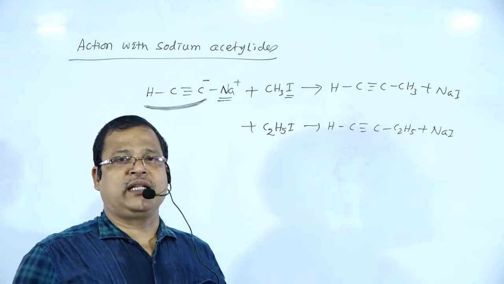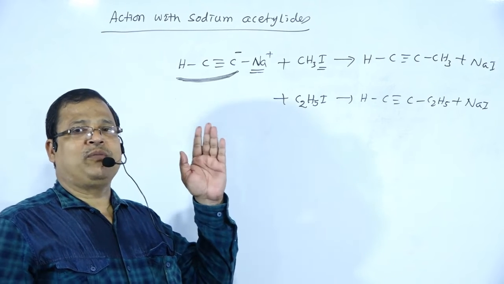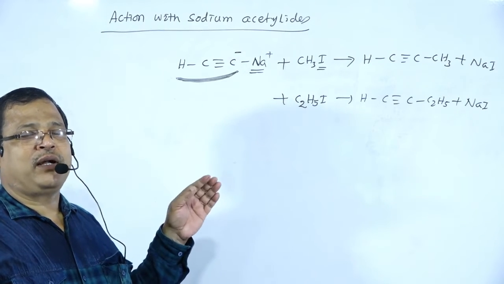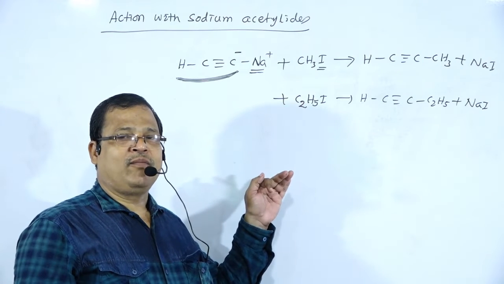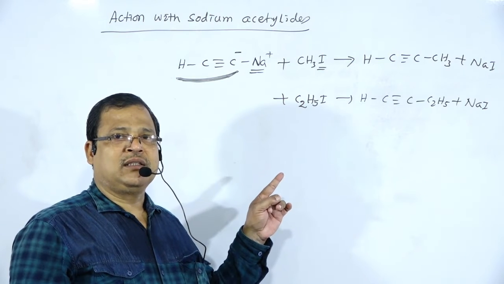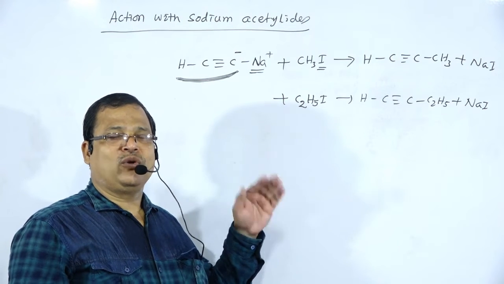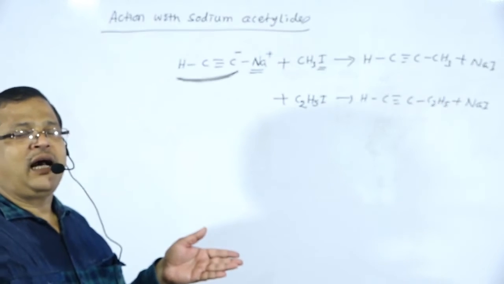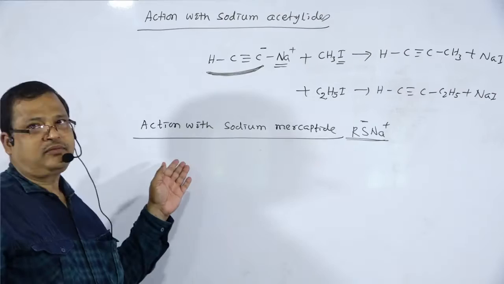Already we have discussed the mechanism, and these are a few examples where the nucleophilic substitution reaction takes place, where the X part, the halogen part of the alkyl halide, is replaced by OH minus, SH minus, CN minus, NO2 minus, ONO minus, OR minus, RCO minus, or in this case ammonia, or CH triple bond C minus.